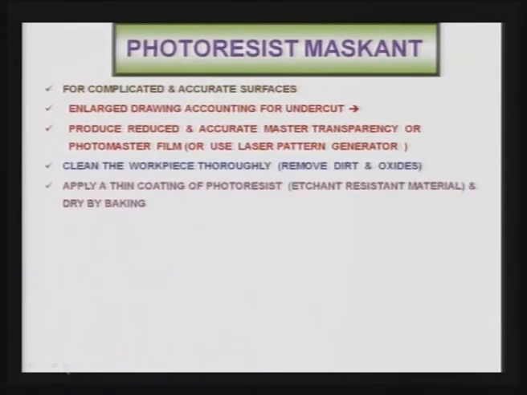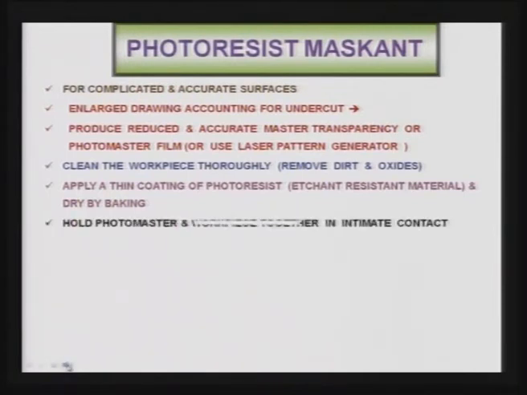Then clean the workpiece thoroughly, that is, remove the dirt, oxides, etc., from the top surface, from all the faces of the workpiece. Then apply a thin coating of photoresist, that is an etchant resistant material, and dry by baking. Now, hold the photomaster and the workpiece together in intimate contact.